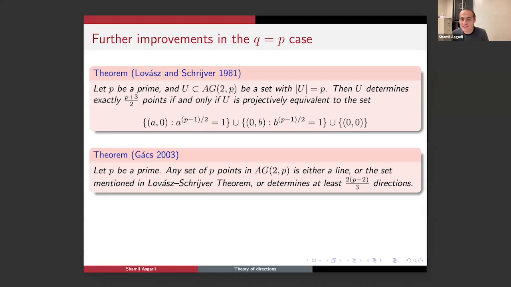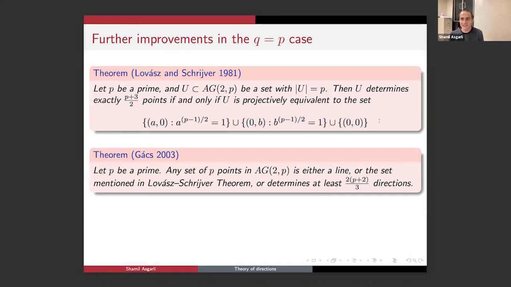So this is a much stronger result, because the Rédei-Megyesi theorem was about roughly 50% of the directions being determined by the point set. But Gács's theorem shows that it determines at least roughly 66% of the directions, provided that the points are not on a line and provided that it avoids this particular exceptional set from the Blokhuis-Schrijver theorem.